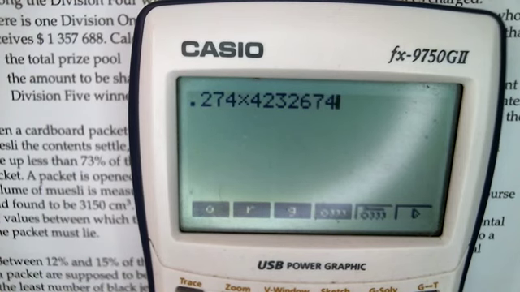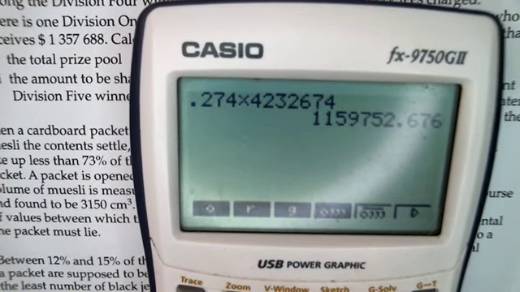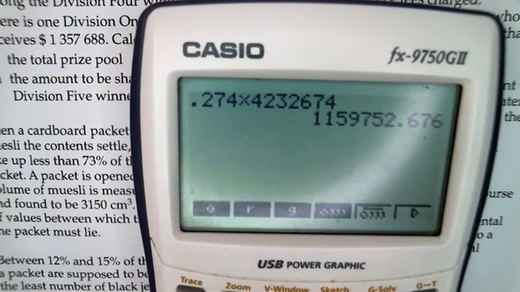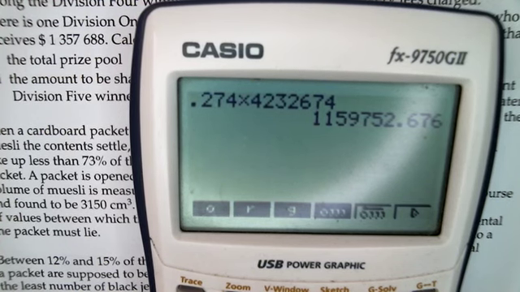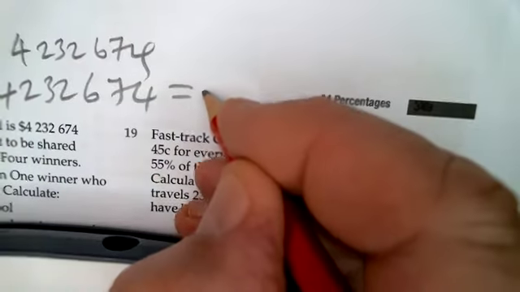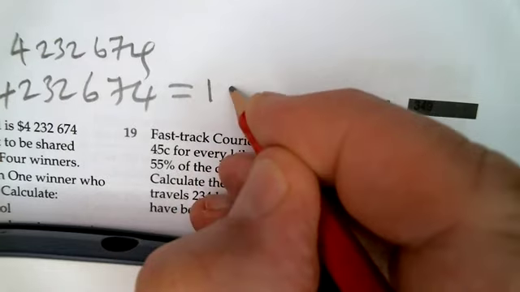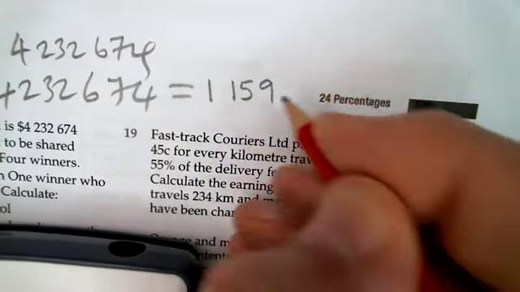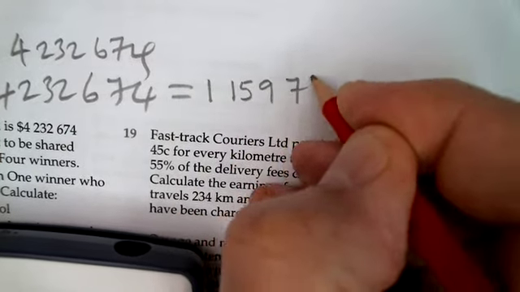4,232,674, and we end up with 27.5% of that, what is that? 1.159. So yeah, so 1 million and change. Let's write that out. Here we go. So it's going to be, I'll write it here, 1,159,752.